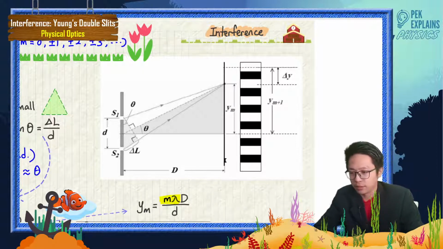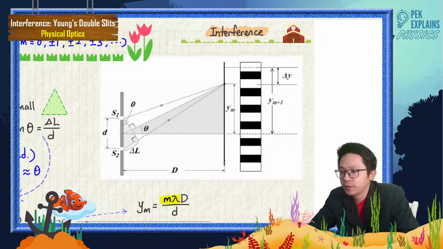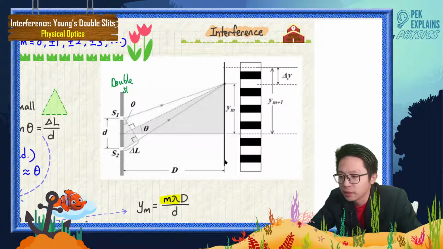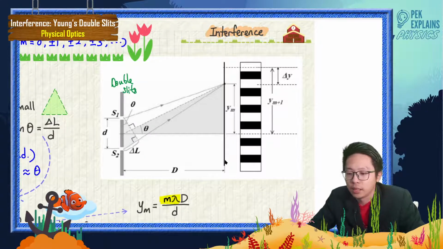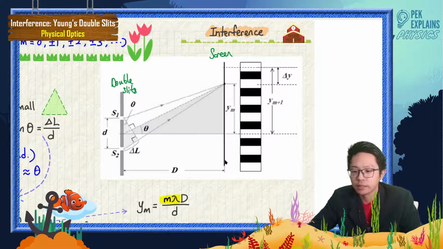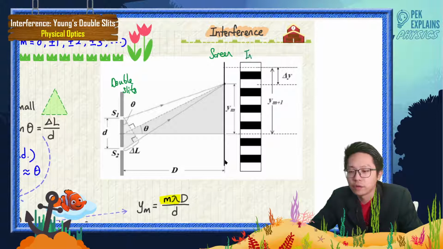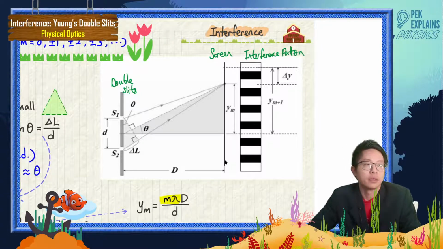Okay, I should just write this down. This here you have the double slits, and this is the screen, and this is the interference pattern.